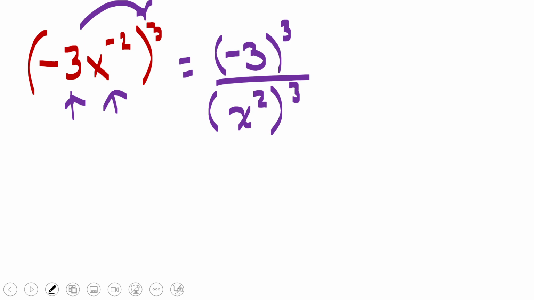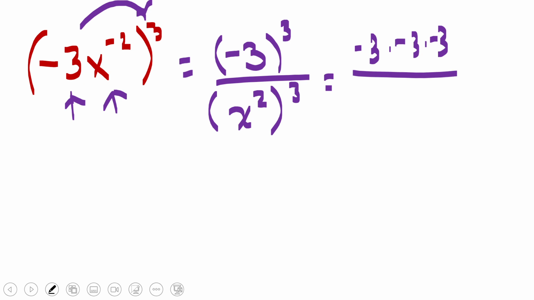When you have an exponent outside parentheses sets, your base is multiplied by itself as many times as that exponent says. So, to start, we would have negative 3 times negative 3 times negative 3 in the numerator.